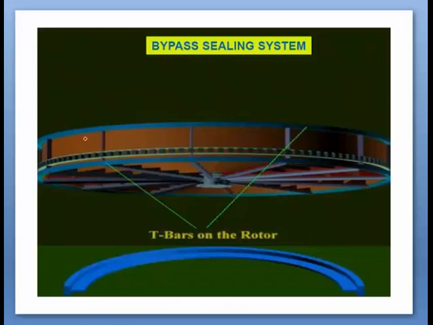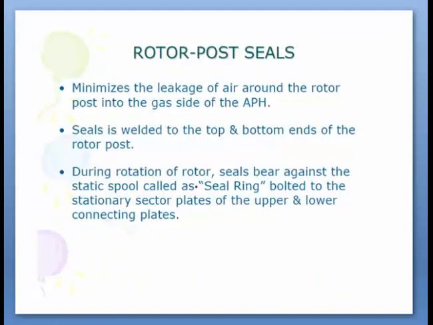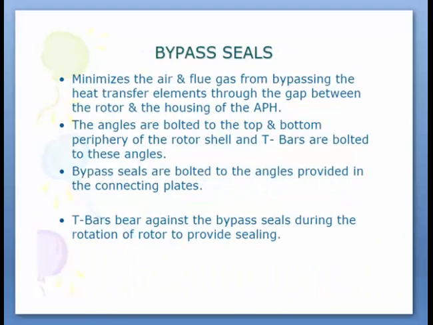From here you can see this is the upper part of the rotor, and this is the lower part of the rotor, and T-bars are bolted on the upper part and lower part to the angles provided there. Then bypass seals are bolted to the angles provided in the connecting plates, and these T-bars bear against the bypass seals during the rotation of the rotor to provide sealing.